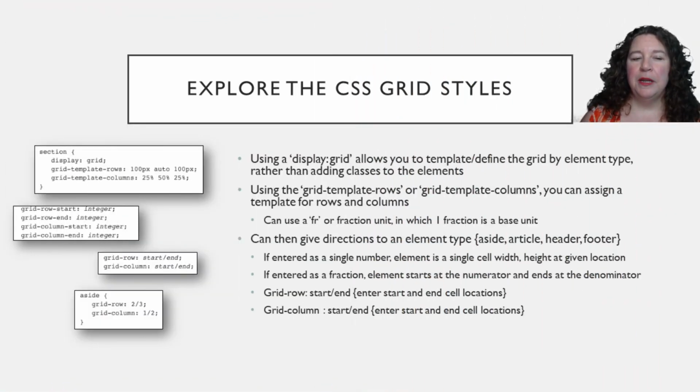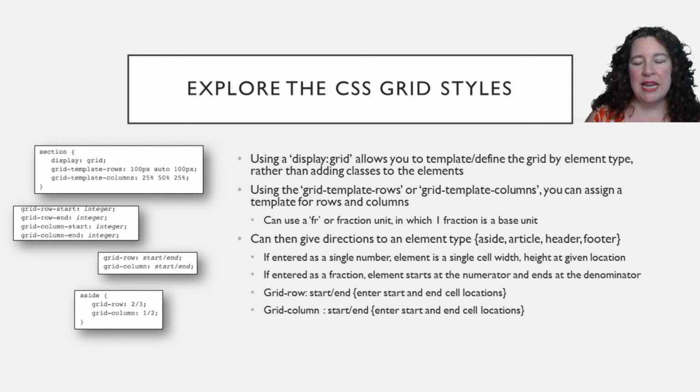Finally, there's a little bit of detail about the CSS grid styles. Instead of using a display grid to do your template, you can use grid instead of adding the classes to the elements. What we did in the example was we used a division and we added classes, and therefore we're able to set it up that way.